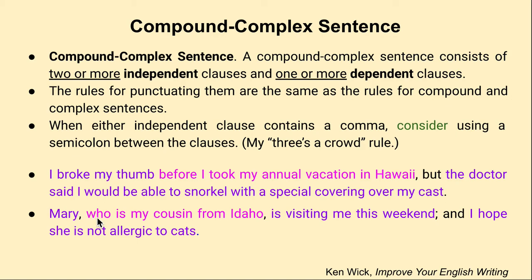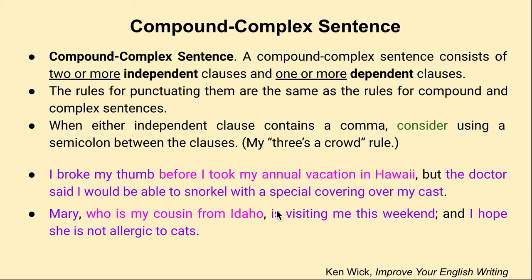It's a form of a dependent clause. If you go back to the grammar videos, we learn that this is a non-essential relative clause, so it's separated with commas, because this relative clause does not help define Mary. We assume Mary is known from the context. So since it's non-essential, we separate the relative clause, and that's why I have two commas here.